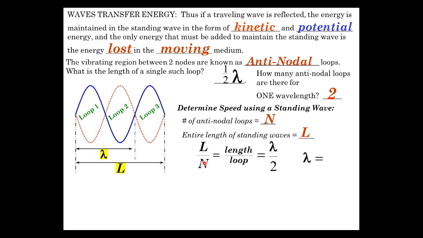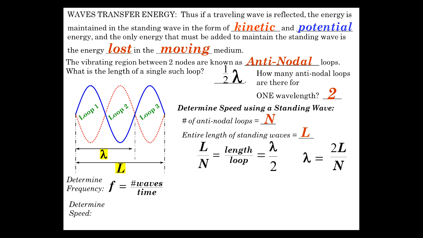L over n gives you how much total length there is for how many total loops, but that ratio is lambda over 2, right? Same as the length of a single loop. Hopefully that's not confusing. Then when we have L over n equals lambda over 2, we can solve for lambda, and it gives us 2 times the length divided by the number of antinodal loops. That's a wavelength.